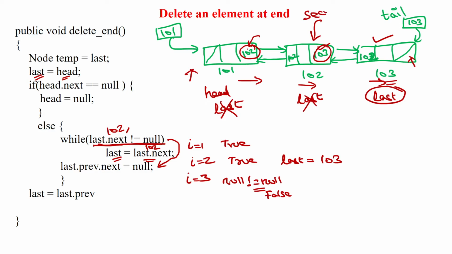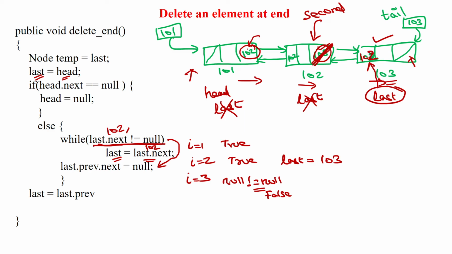For the second last node, the next address field should be made null. So this field has to be made null. So what is the variable? Last. Last dot previous is 102.